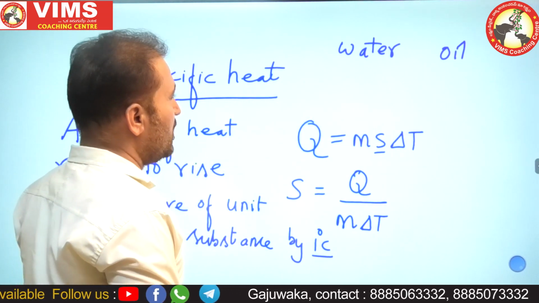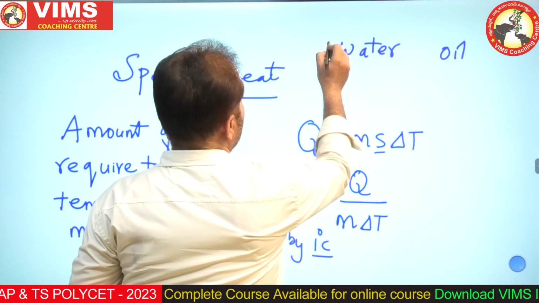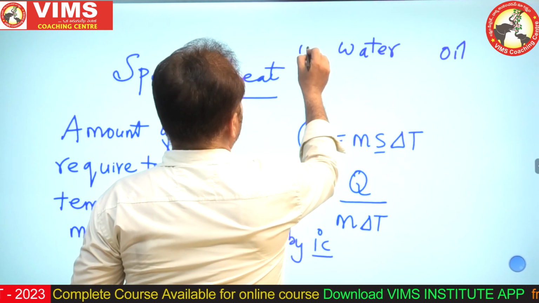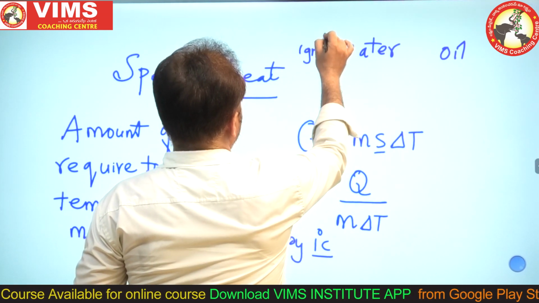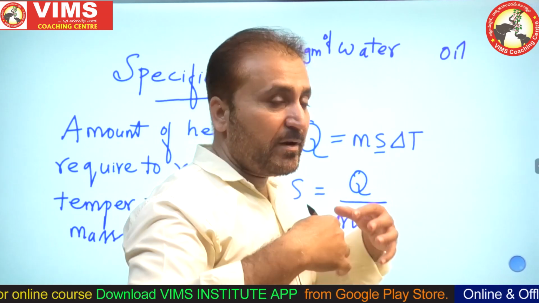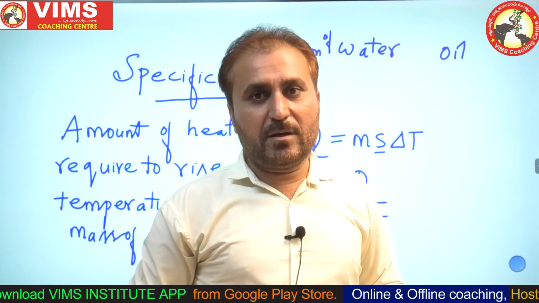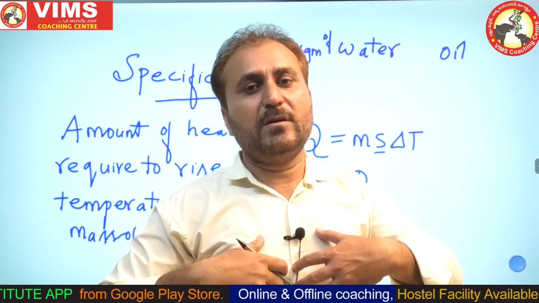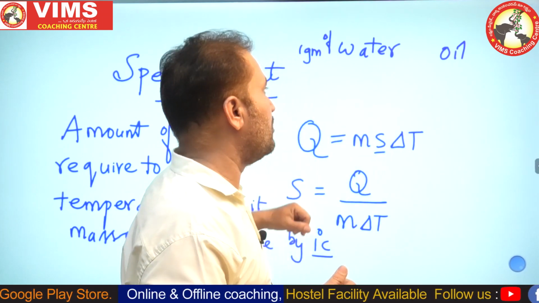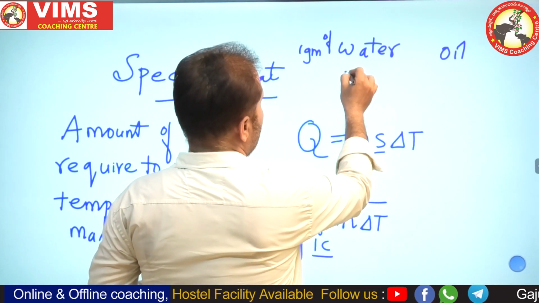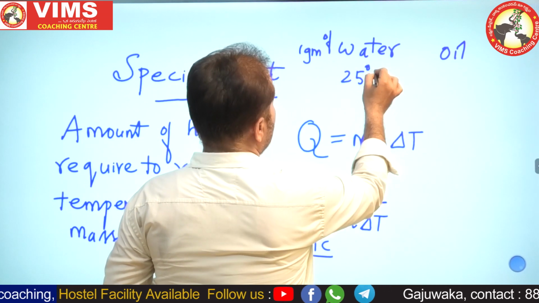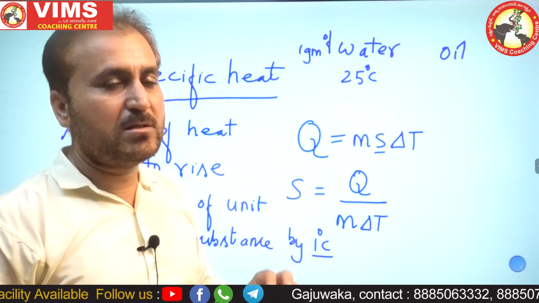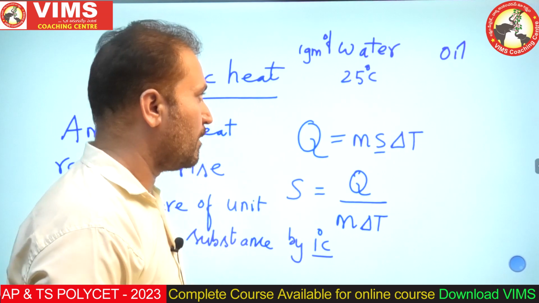Sir, how much water am I having? Let us say I am having 1 gram of water. Every body will have its normal temperature. What is my normal temperature? 37 degrees Celsius. What is the temperature of water? Let us say right now the temperature of water is 25 degrees Celsius.